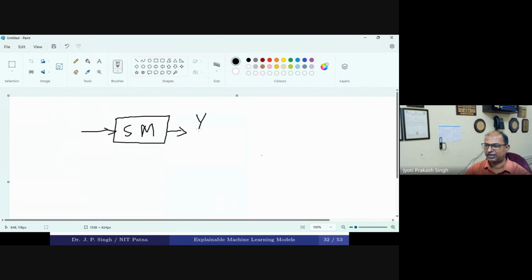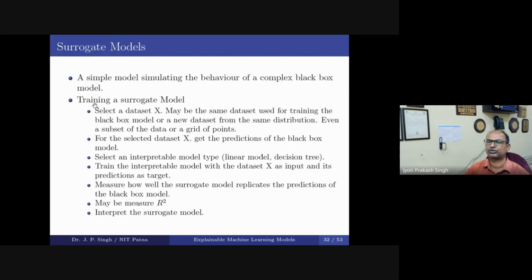So I need X and I need Y. Now the question is, if you go through this line: select a dataset X, maybe the same dataset used for training the black box model, or a new dataset from the same distribution, even a subset of the data or a grid of points. Right. Now I'm coming to that only.